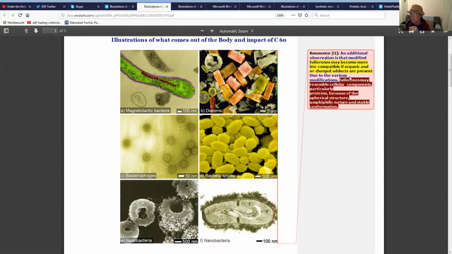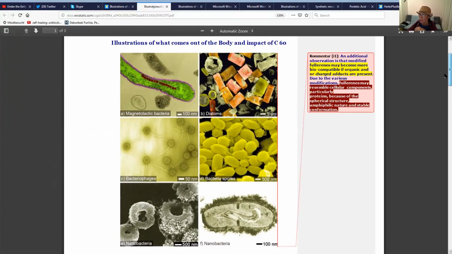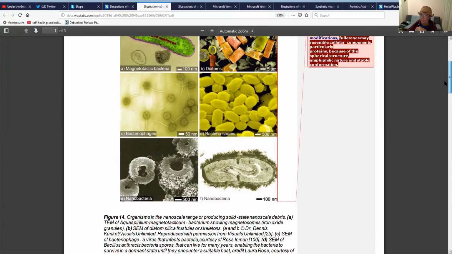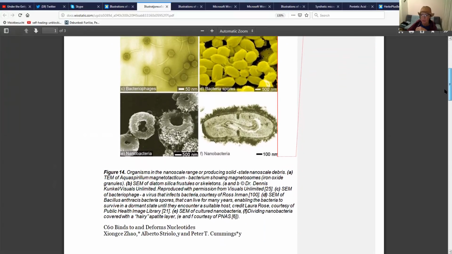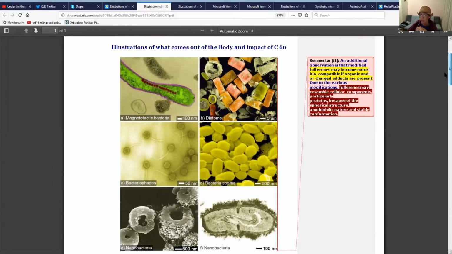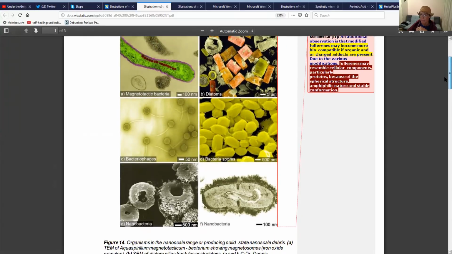Due to the various modifications, fullerenes may reassemble cellular components, particularly proteins, because of the spherical structure, amphiphilic nature, and stable conformation.